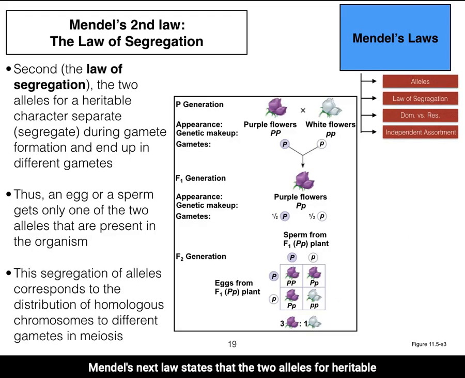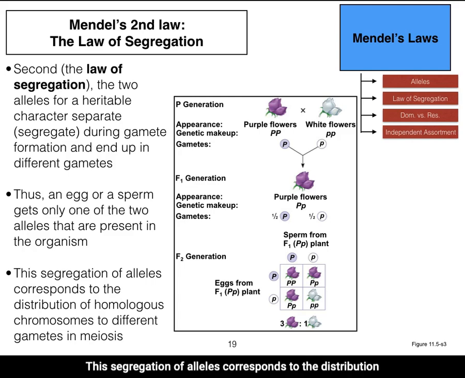Mendel's next law states that the 2 alleles for heritable characters separate, or segregate, during gamete formation and then end up in different gametes. Therefore, an egg or sperm will ultimately get one of the 2 alleles that are present in an organism.